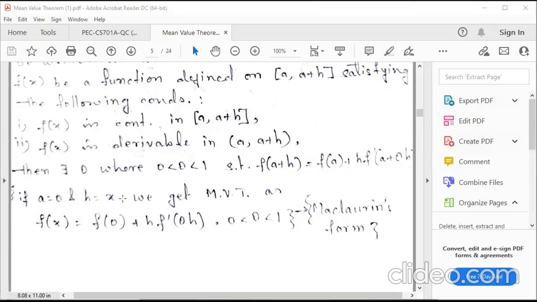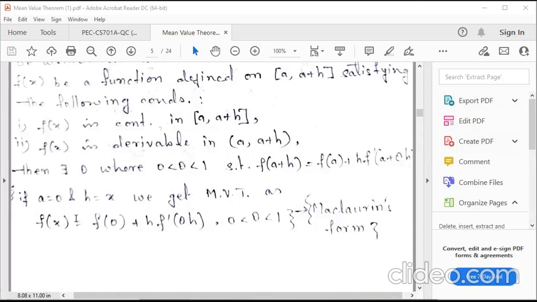I have replaced x also, you may or may not replace x. So we can write it as f of h equals f of 0 plus h f dash theta h, where obviously theta lies between 0 and 1. So if I make a equals to 0 in the h theta form, it will be obtained as the Maclaurin's form.